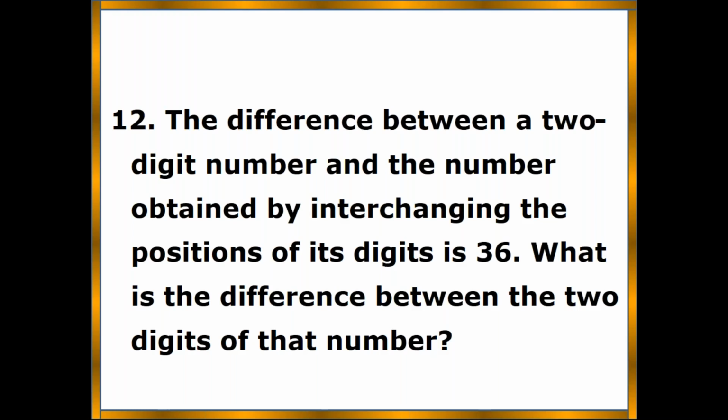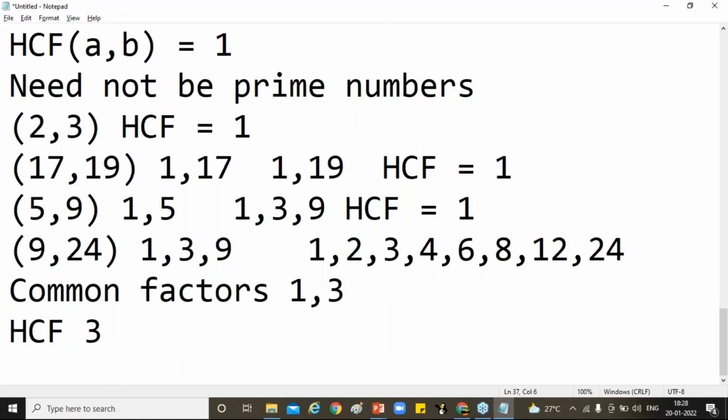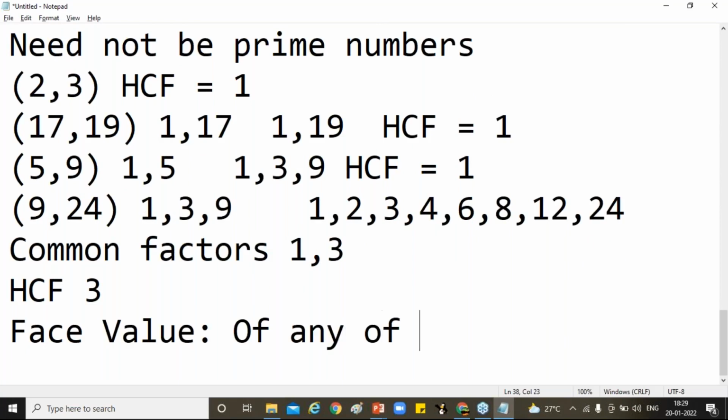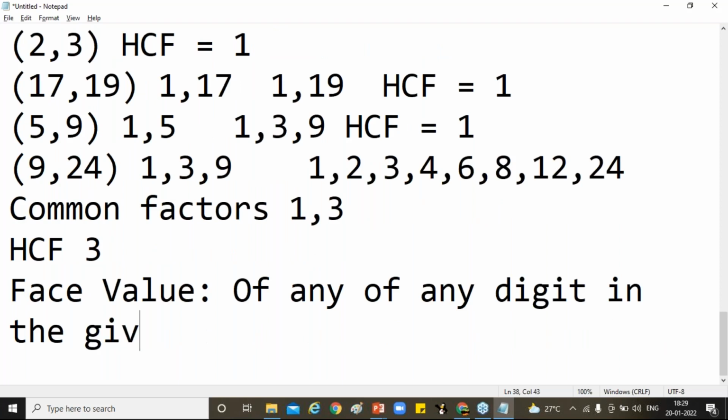To solve this example, first of all, we need to understand another concept. Write down the heading: face value. The face value of any digit in the given number is itself.